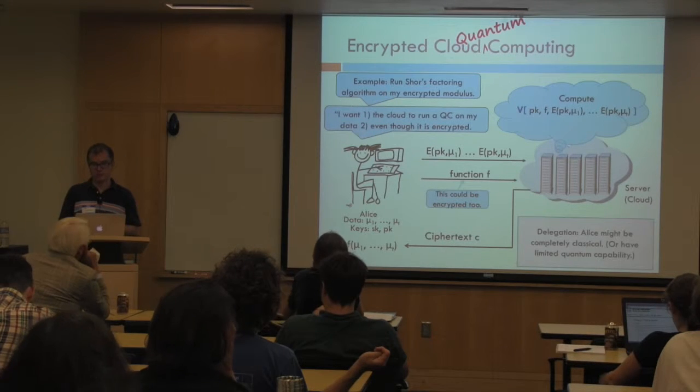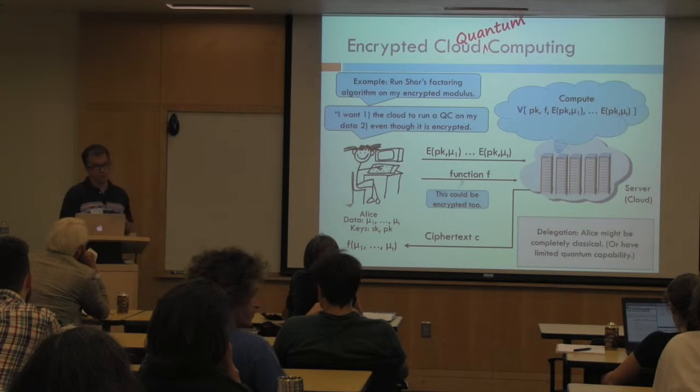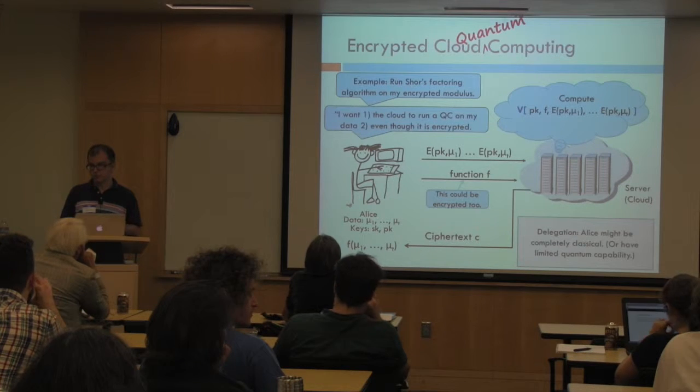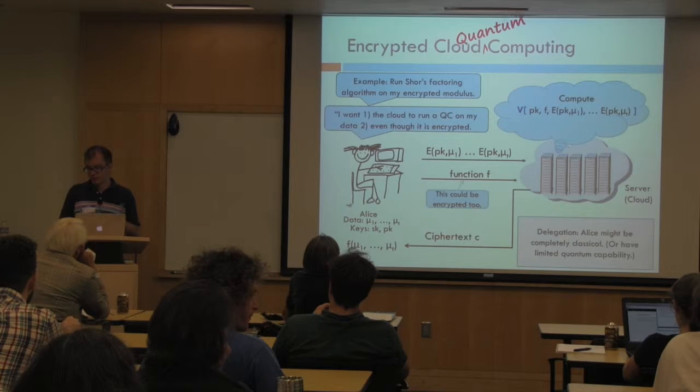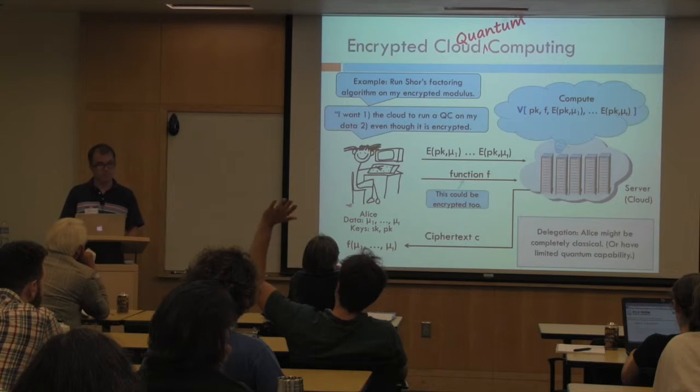This is general computation, and right now we don't have an FHE scheme that handles general quantum computations. You can't just take the FHE scheme that we have, where the operations on the messages are just addition and multiplication. That's not a complete set of operations for quantum computation, so you can't expect it to operate directly on the ciphertext.